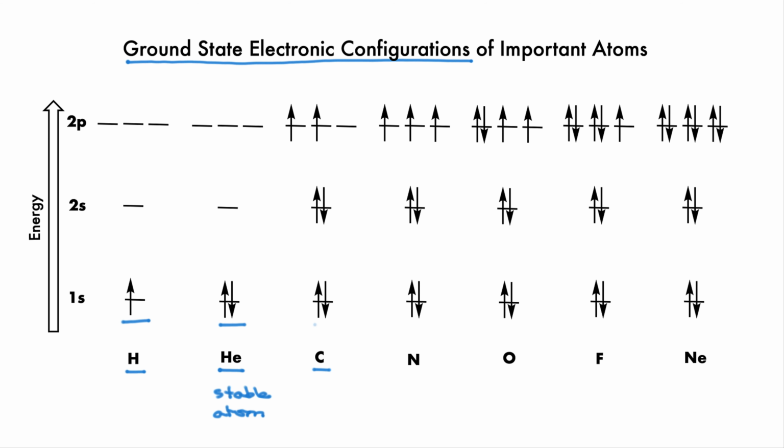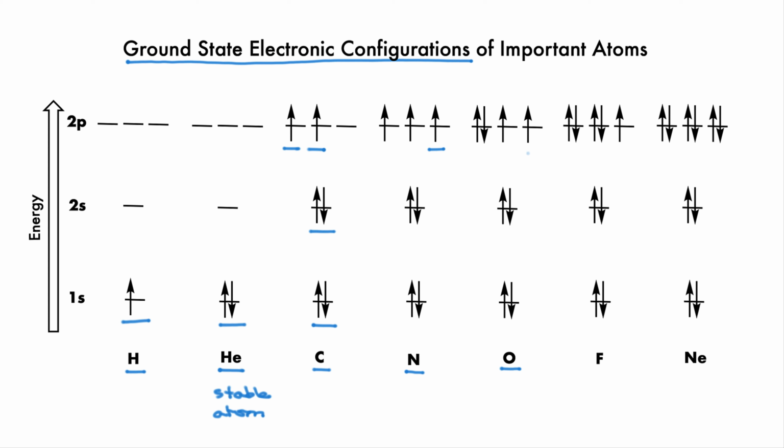Carbon has 6 electrons. After the 1s orbital is filled, the 2s orbital is filled. Then the last 2 electrons go into separate 2p orbitals. Carbon atom is not stable because it does not have a filled second shell. It will want to bond to get a full octet. Nitrogen has one more electron than carbon, which goes into the last 2p orbital.